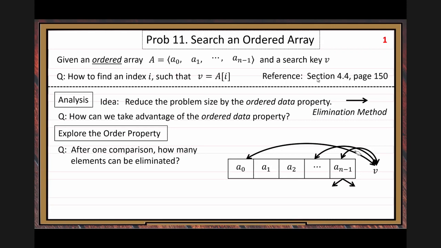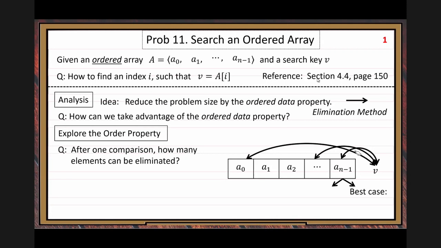First, let us look at the first case. If we compare V with the last element A sub n minus 1, what would happen? One can be eliminated, just one element. Two possibilities, right? One, the best case, V greater than A n minus 1, then we can make our conclusion already.